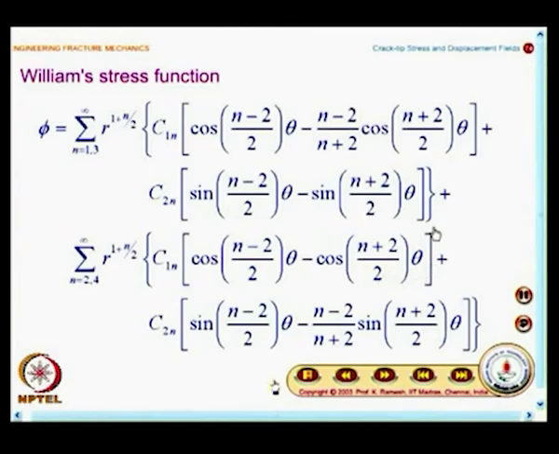In fact, while reading I am not reading the brackets, by looking at the figure and the slide it is possible for you to put the brackets appropriately, plus C2n sin of (n minus 2)/2 theta minus (n minus 2)/(n plus 2) sin of (n plus 2)/2 theta.